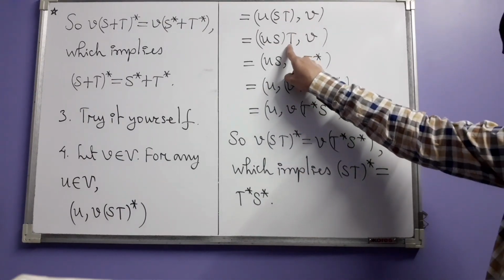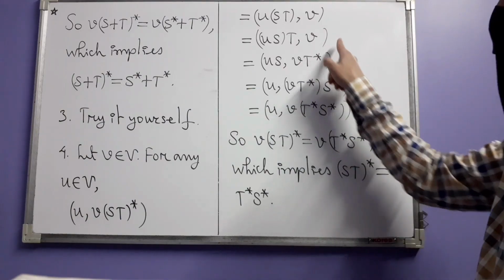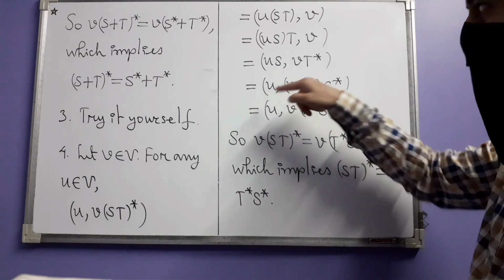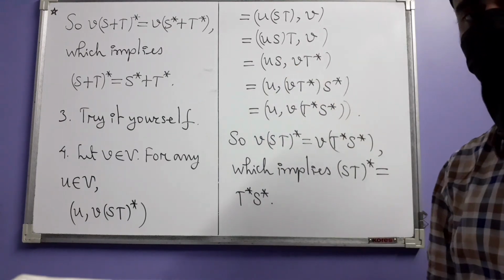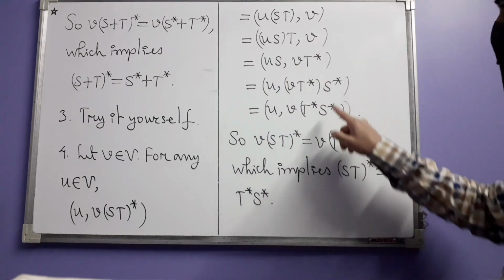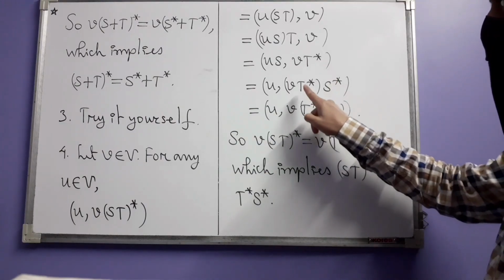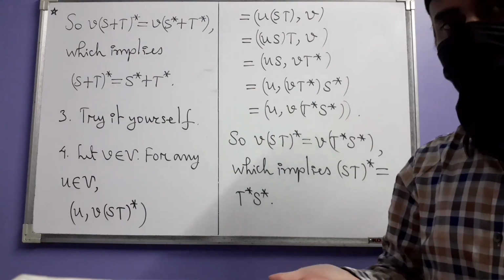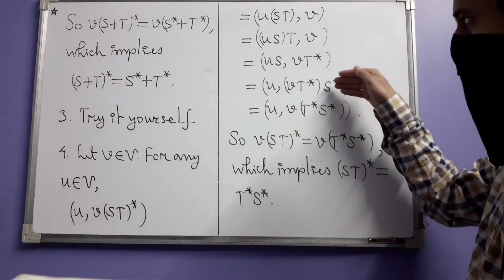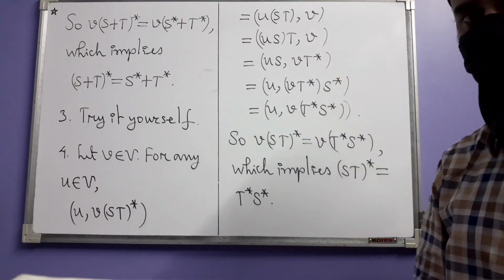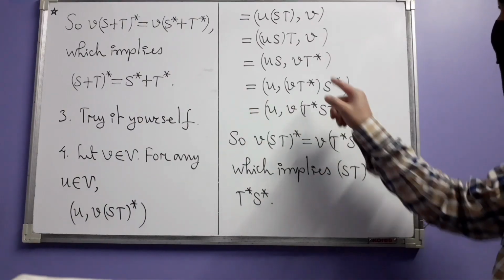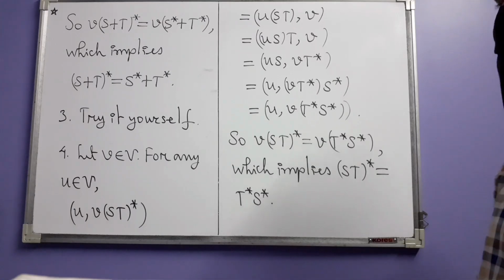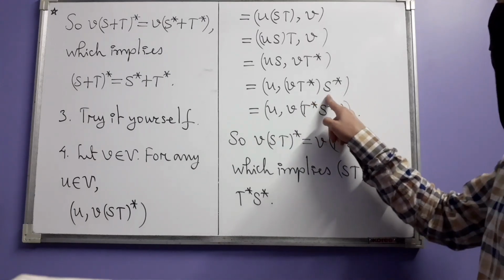Now you can transfer this T back to the second component. So it will become T star. And then in the next step you transfer the S also back to the second component. Then it becomes S star. Note carefully that putting this S as S star here means what? It means applying S star on whatever is available there from the previous step, which of course is this vector, and that is why we are putting these parentheses. And again, this means what?